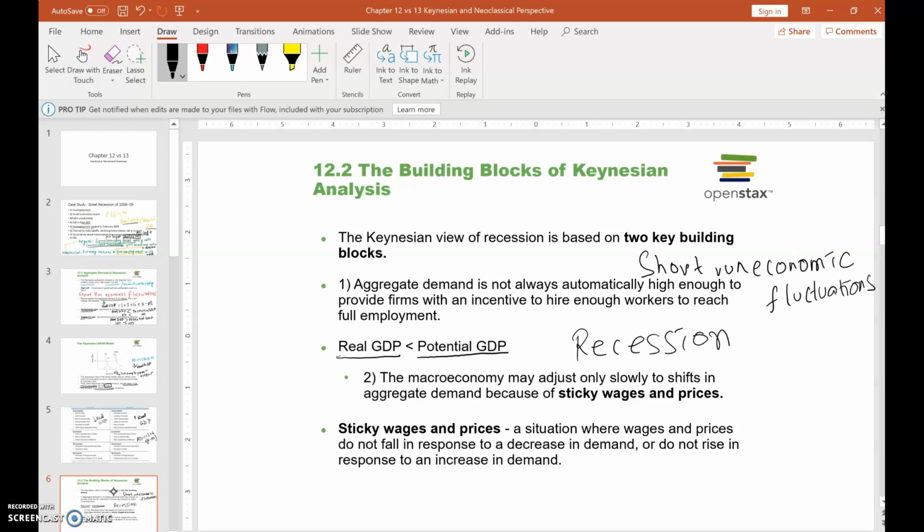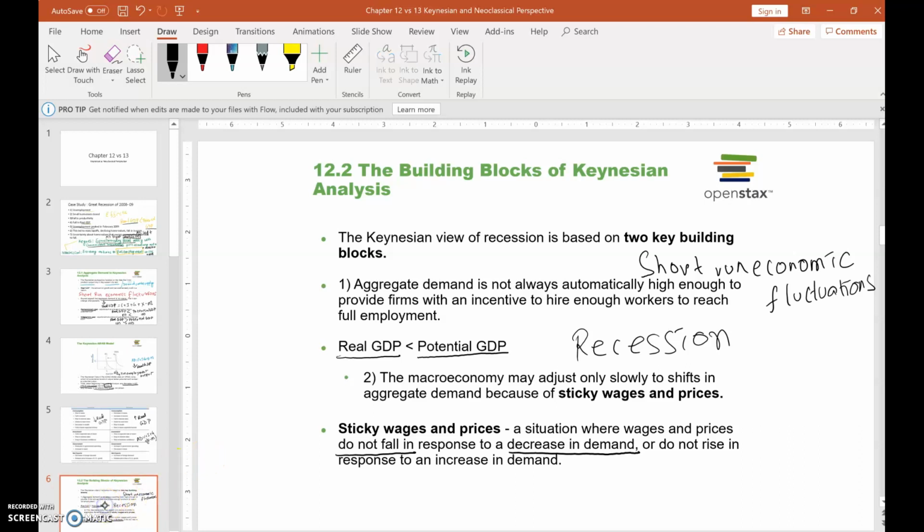The second building block of the Keynesian analysis is sticky wages and prices. By sticky, we mean a situation where wages and prices are not going to go down even if the demand decreases.